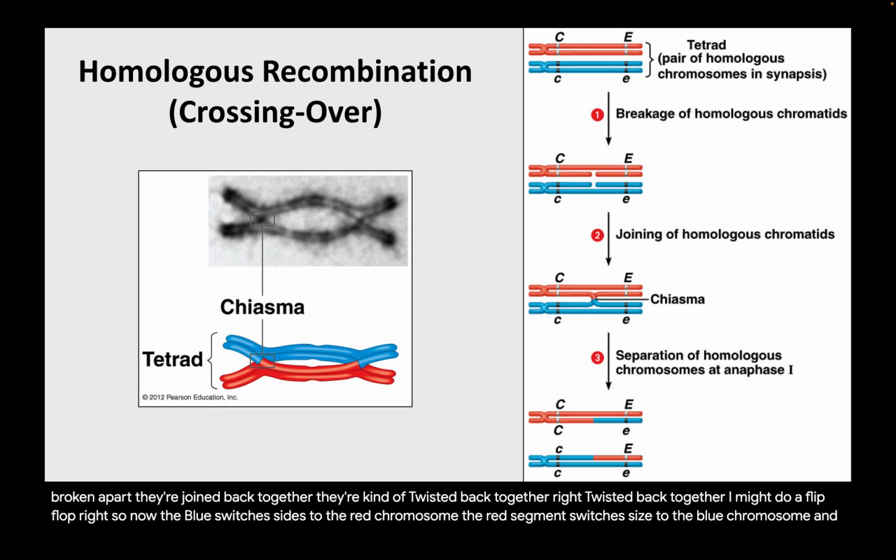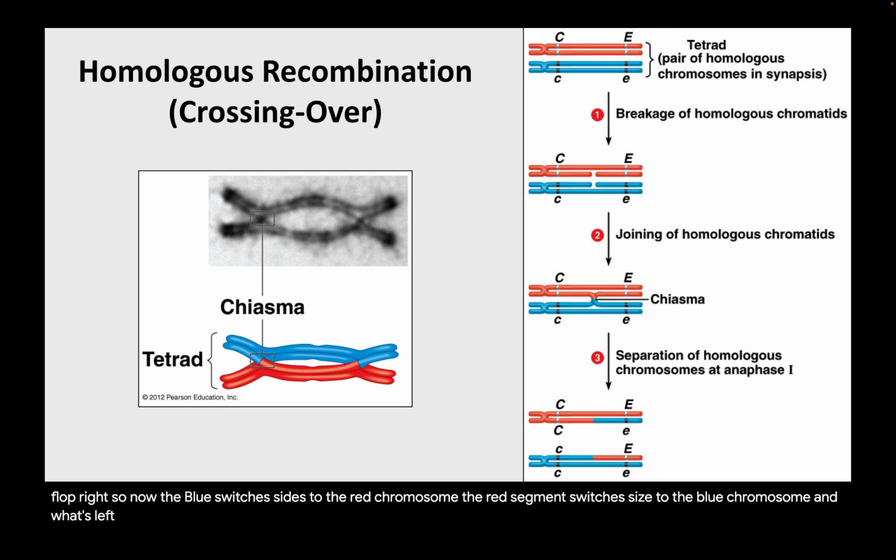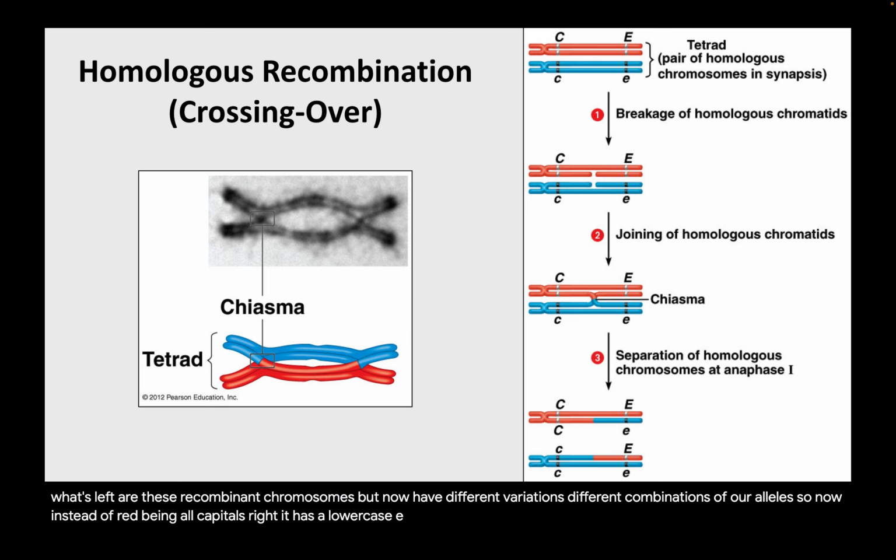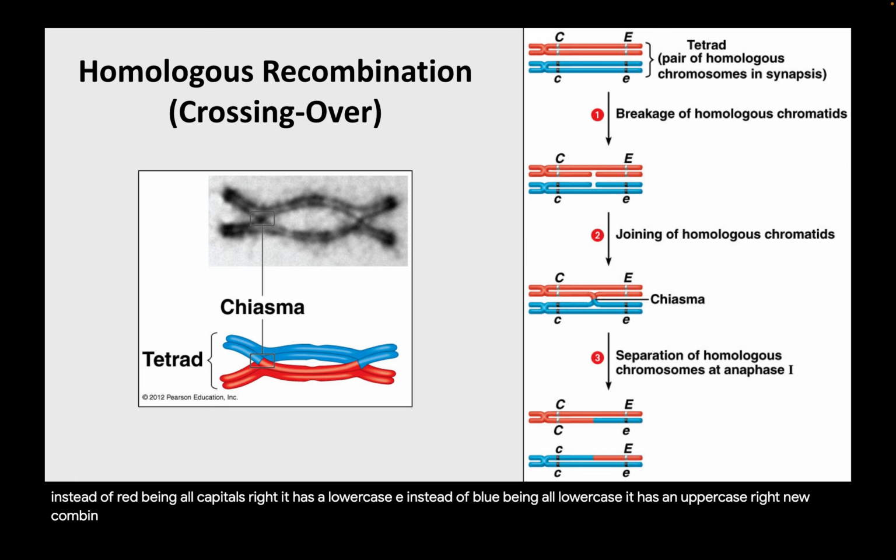And what's left are these recombinant chromosomes that now have different variations, different combinations of our alleles. So now instead of red being all capitals, it has a lowercase e. And instead of blue being all lowercase, it has an uppercase E. New combinations have been created.